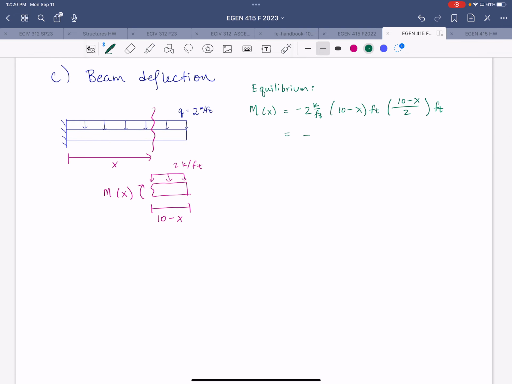So this simplifies to negative quantity 10 minus x squared.